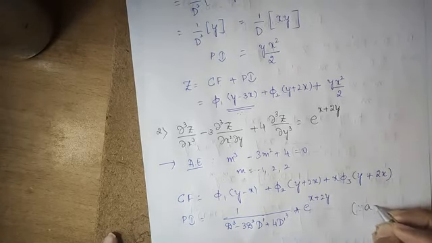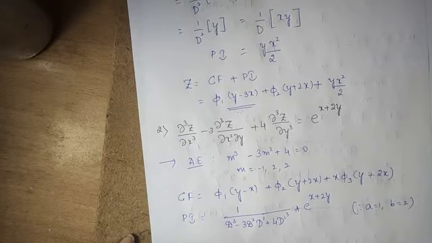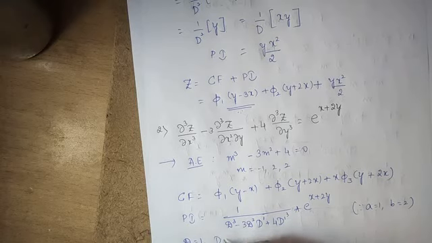Here a is equal to 1, b is equal to 2, because in the general form it is e power ax plus by. So if I substitute the values, D is equal to 1 and D dash is 2.